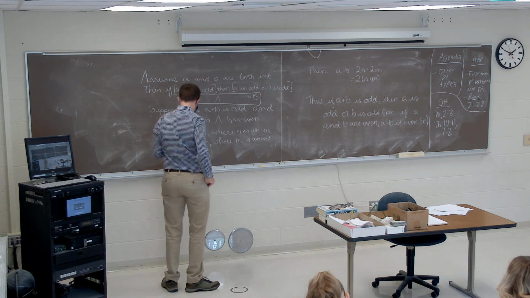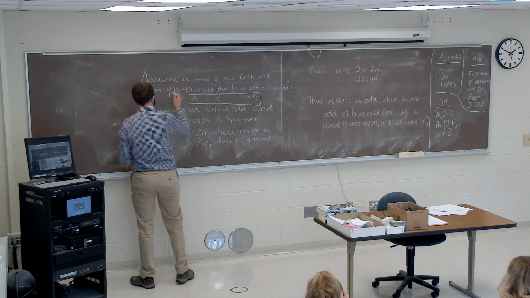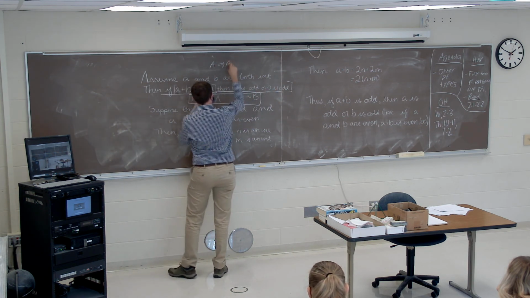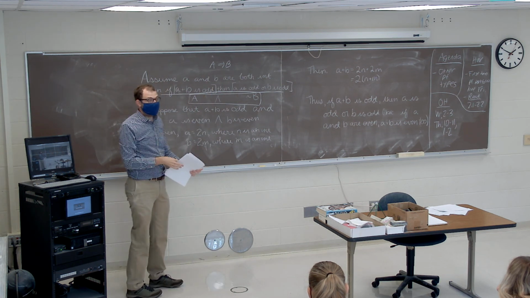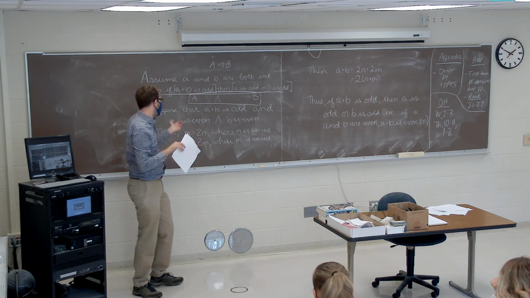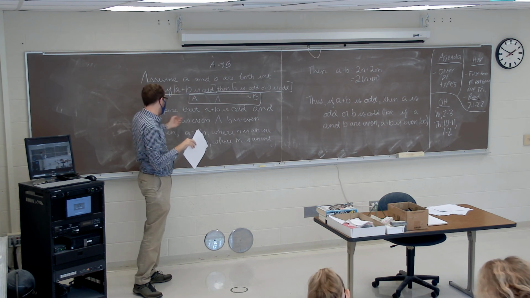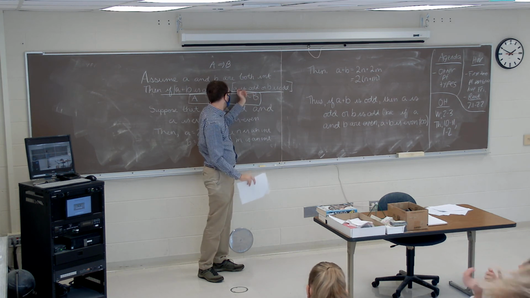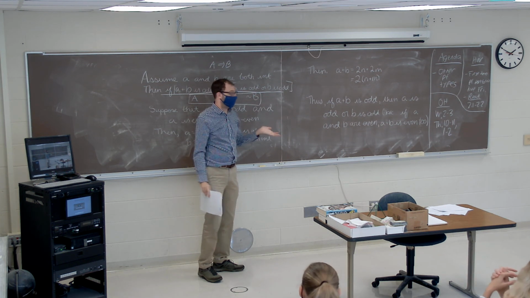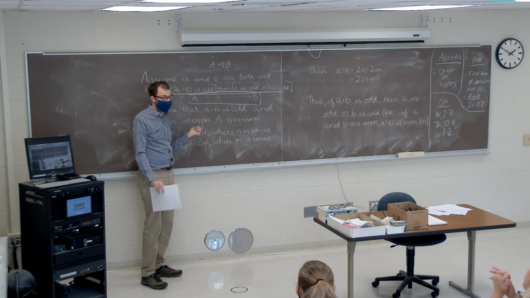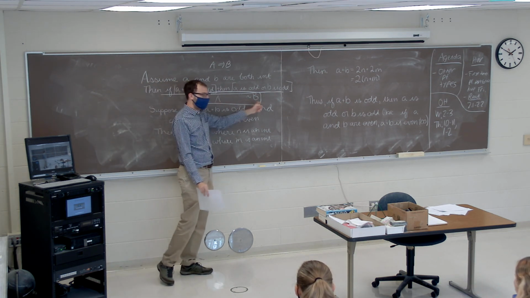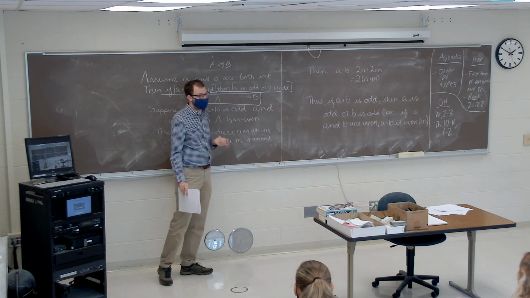So in essence, she took this sentence and wrote it in the form A implies B, and the way you can prove that by contradiction is to assume that your hypothesis is true, that A plus B is odd, and that her conclusion was false, that it was false that A is odd or B is odd, meaning A and B both have to be even. And if you assume that hypothesis and the negation of your conclusion, then that leads to a contradiction. Does that make a bit more sense?